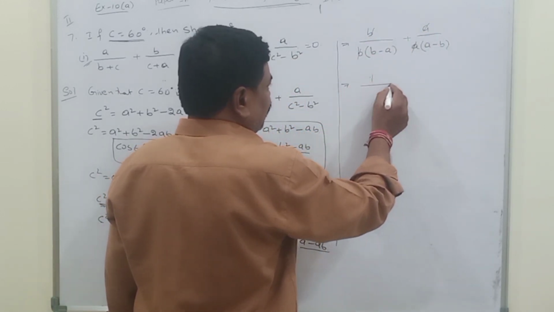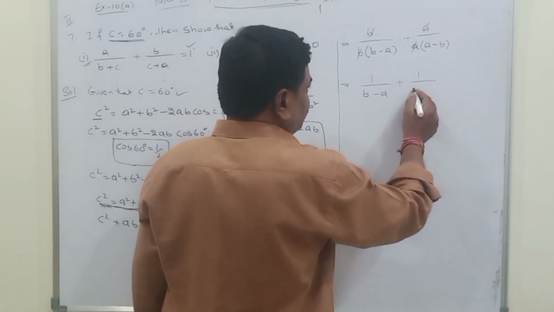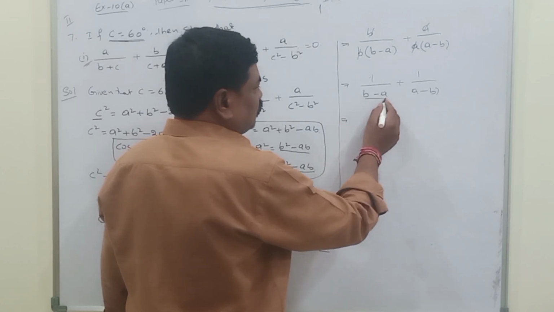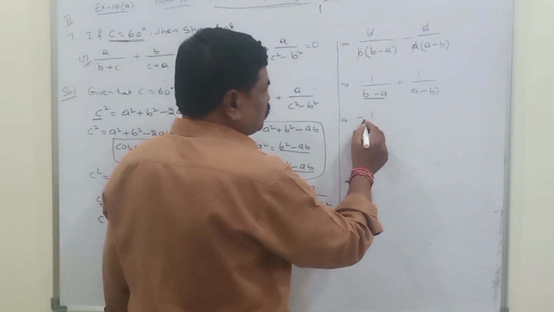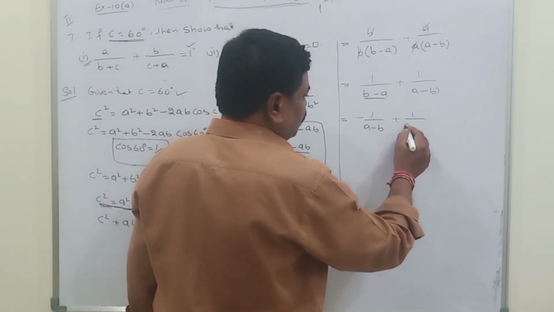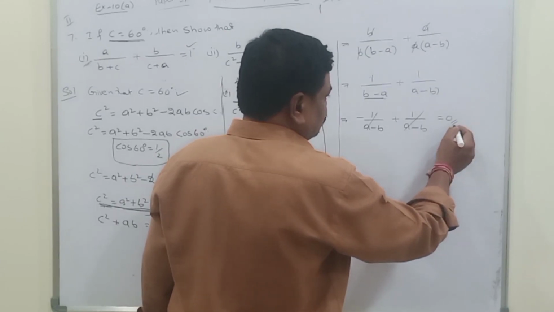Then 1 by B minus A plus 1 by A minus B. So taking minus common, minus 1 by A minus B plus 1 by A minus B. This one cancels, equal to 0.